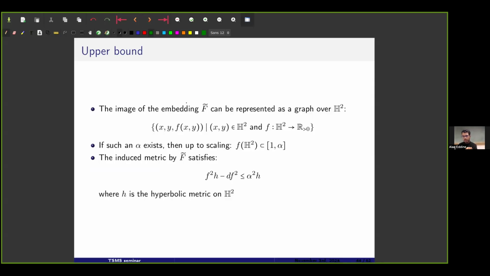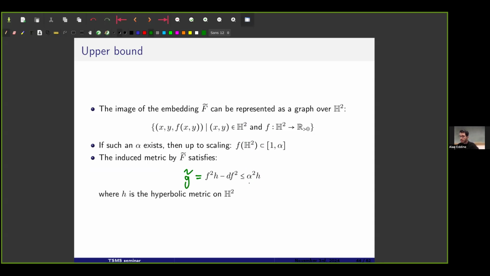Why? As I said, the f tilde is a graph of some function over the hyperboloid, and we just proved that any such function we can rescale it by some constant, so that its image will be between 1 and alpha. This means that the induced metric, which is actually the metric G tilde, is always less than alpha squared h.